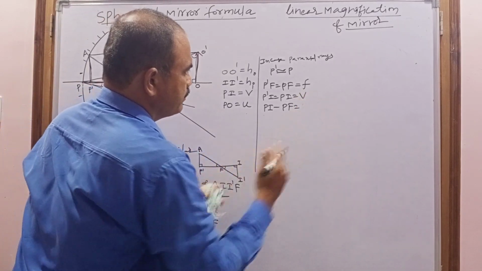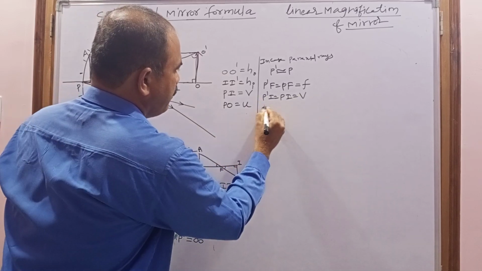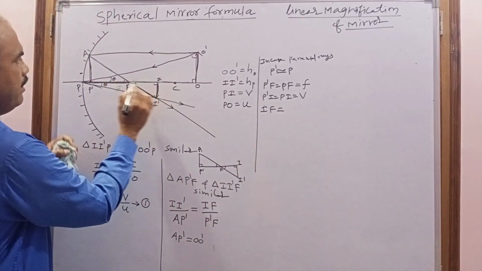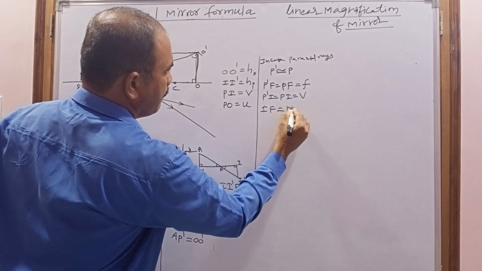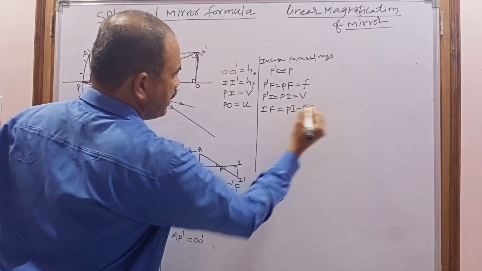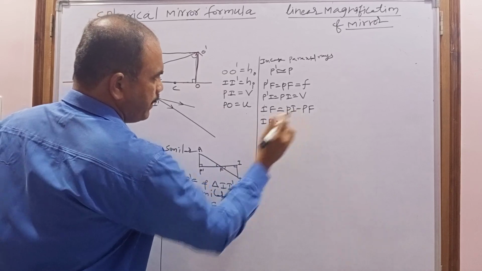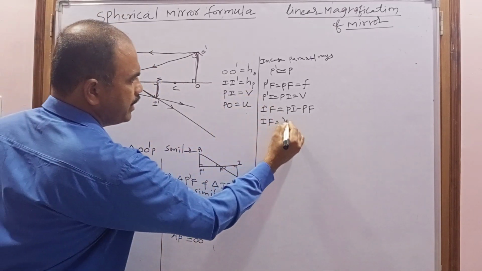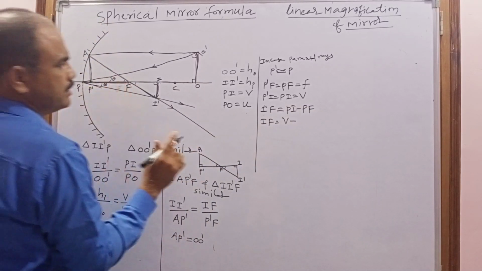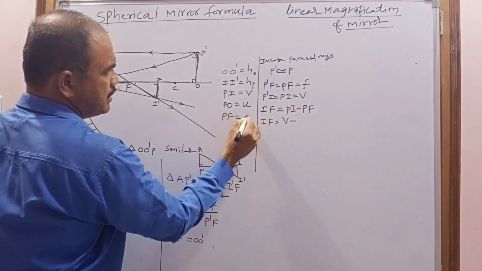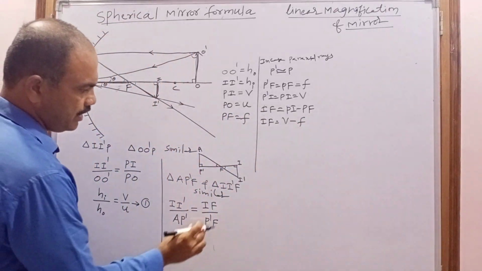That's why I am writing IF as PI minus PF. So IF is equal to, what is PI? PI means V. And what is PF? Pole to focus distance is nothing but the focal length, F. So IF is V minus F.